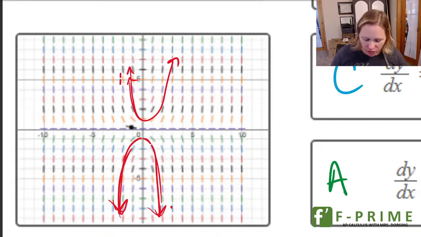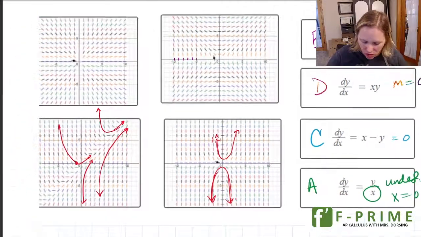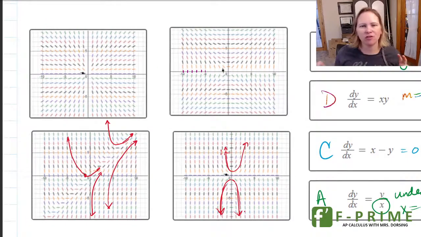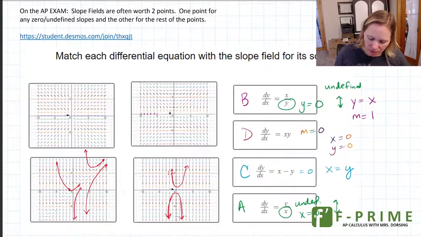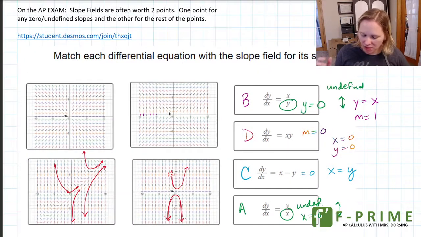So this is how slope fields work, and the whole goal of a slope field is to give you a picture of the solution, to give you an idea of how it behaves when you cannot find it algebraically. They do show up on the AP exam quite regularly, and remember, matching is a really common way that they'll ask you about it. So make sure that when you're matching, you're looking for as many criteria as you can.